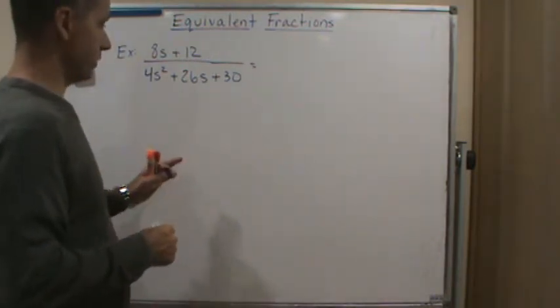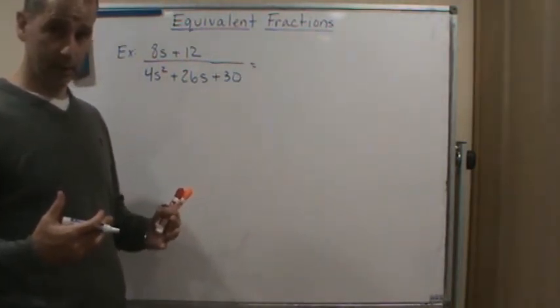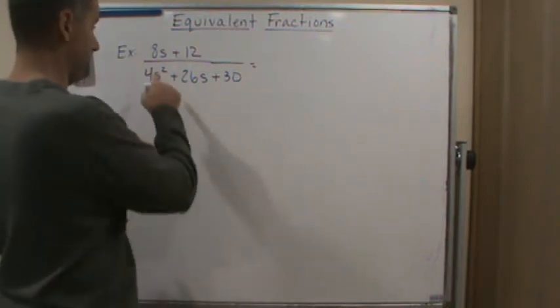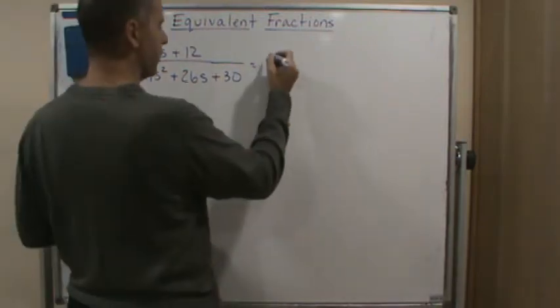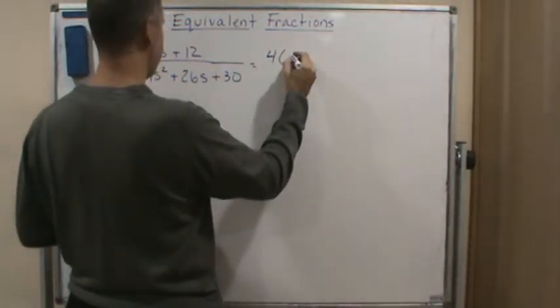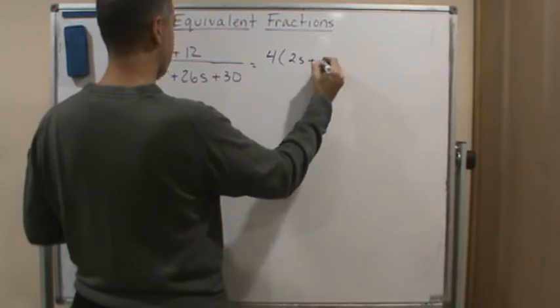So the first thing we're going to do is, again, always look for a greatest common factor on the top and the bottom. The greatest common factor I can see on the top here is 4. So I'm going to write this as 4 times (2s plus 3).